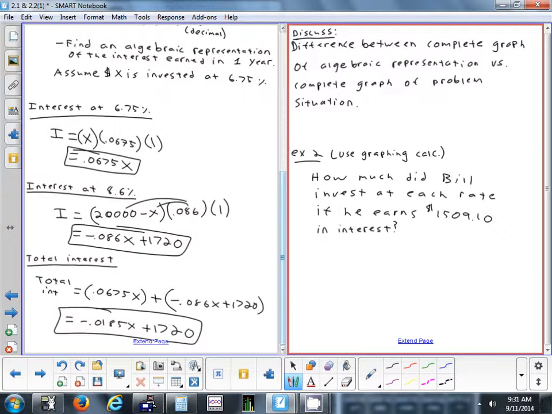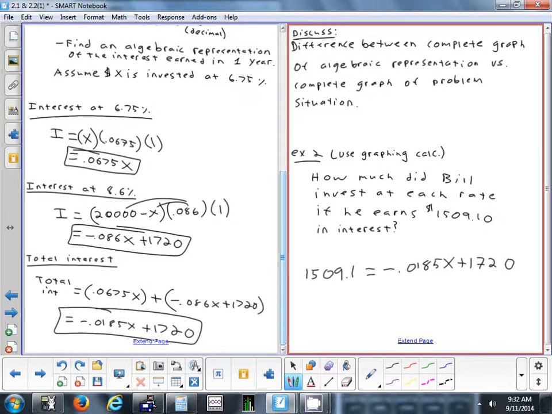Okay, so we'll take the total interest, 1,509.1. Set it equal to negative 0.0185x plus 1720. And if we're going to solve it algebraically, we just have to subtract 1720 and divide by the negative coefficient in front of x.